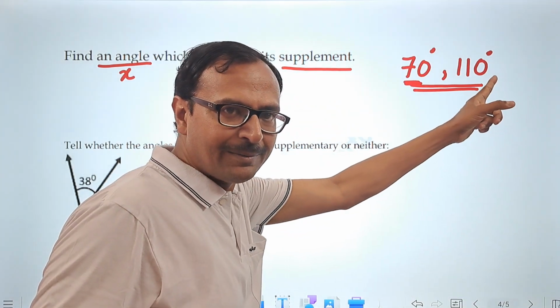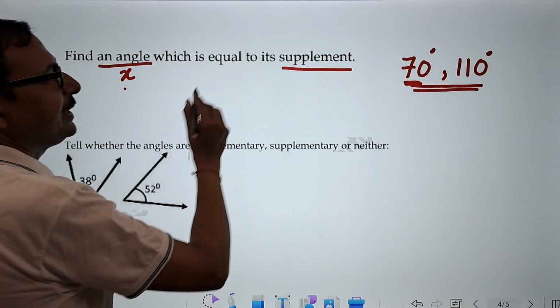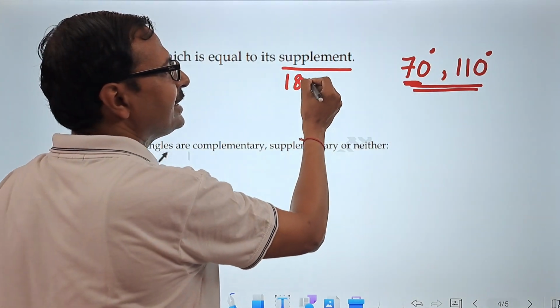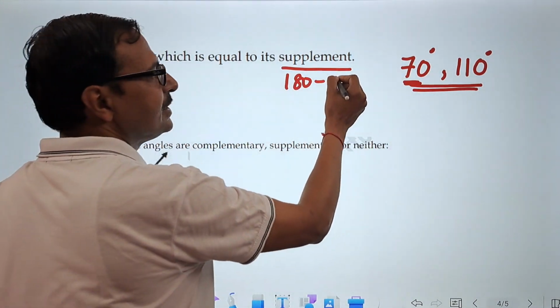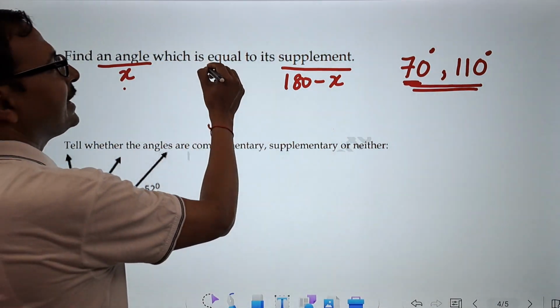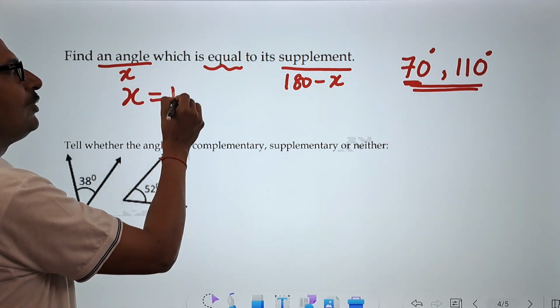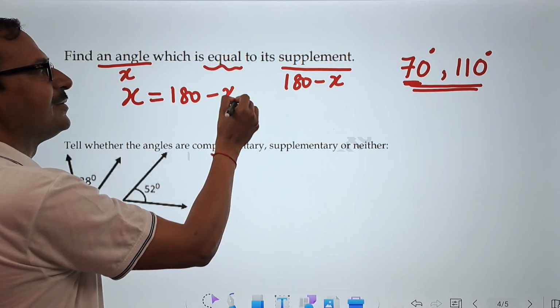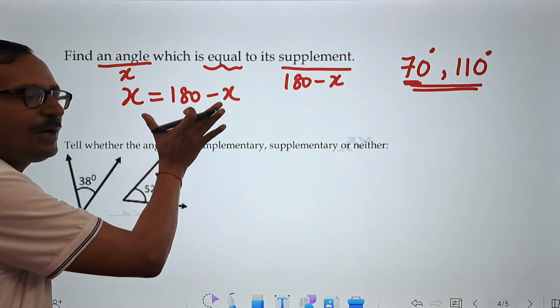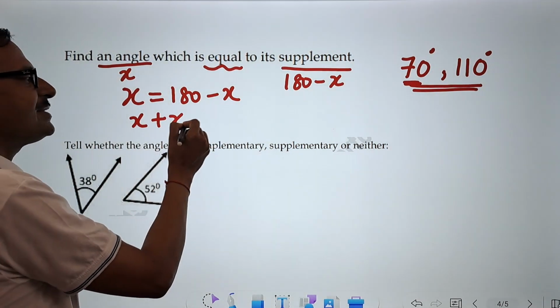You will get 110. So if you assume the first angle to be x, then its supplement will be 180 minus the first angle, that is x. And it is given in the question that they are equal. That means x is equal to 180 minus x. So it forms a linear equation which we can solve by grouping the like terms on the left hand side.